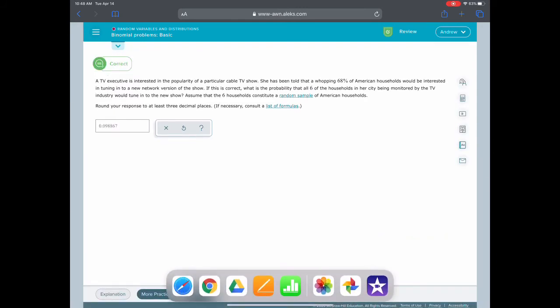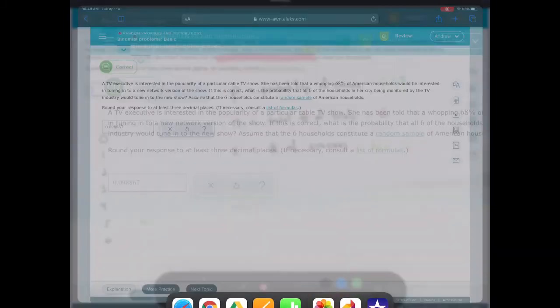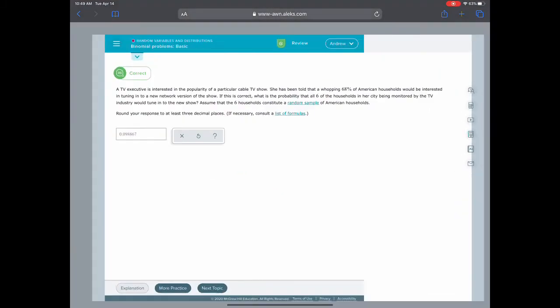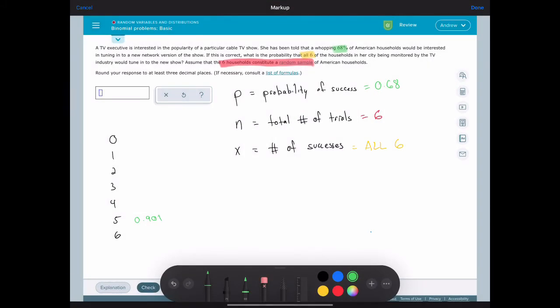Just to explain this one other way real quick, if you look at a chart, you have 0 people, 1 person, 2 people, 3, 4, 5, and 6 people. In a probability distribution, you have all these different probabilities. So we got 0.901 for 5 or less.